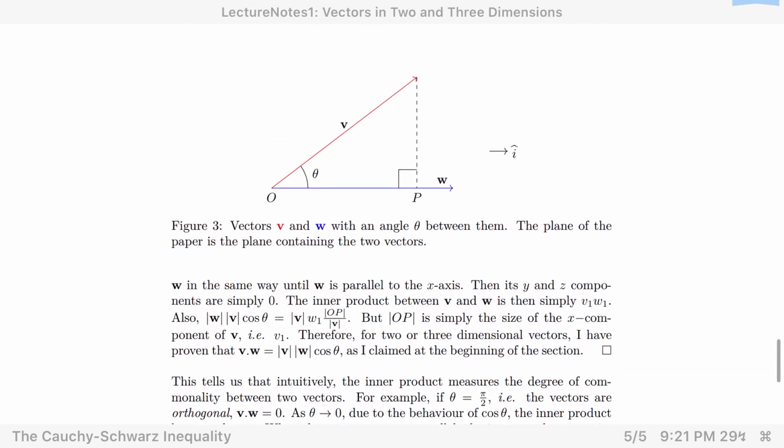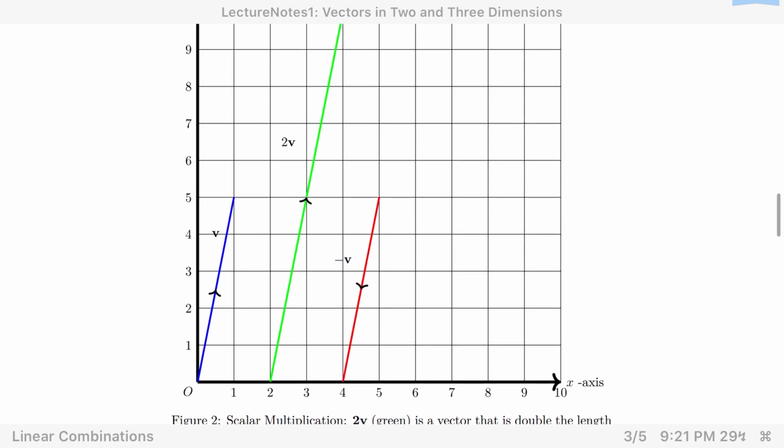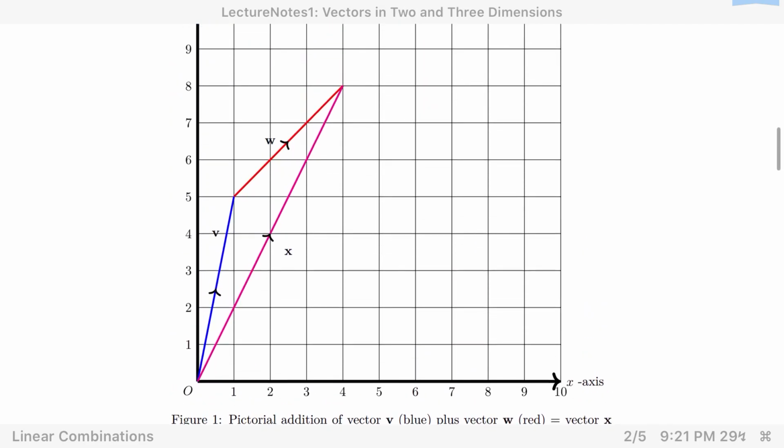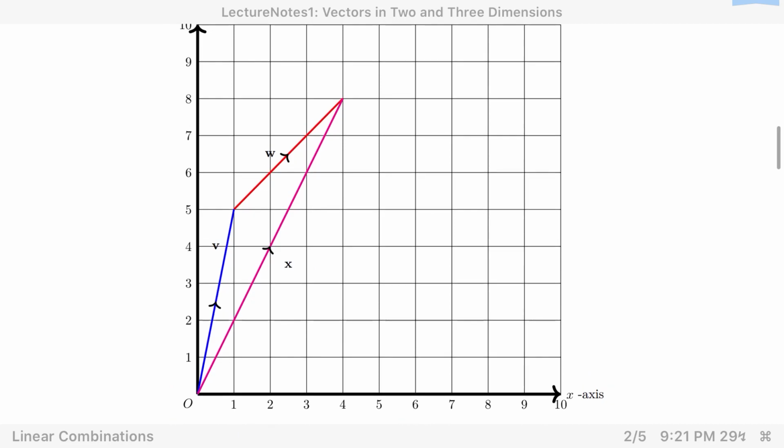Remember, this is what we did when we looked at vector addition. So v plus w is x, and x is the third side of the triangle. So the modulus of x must be, if you remember from high school geometry, the third side of a triangle must be less than the sum of the other two sides.